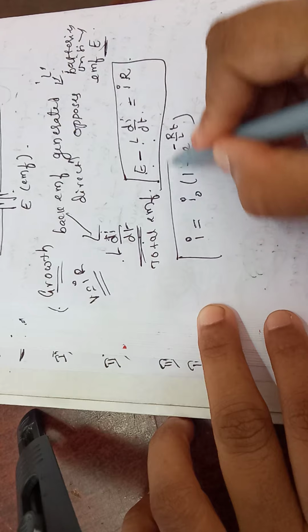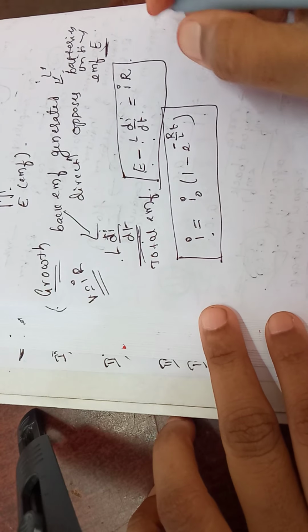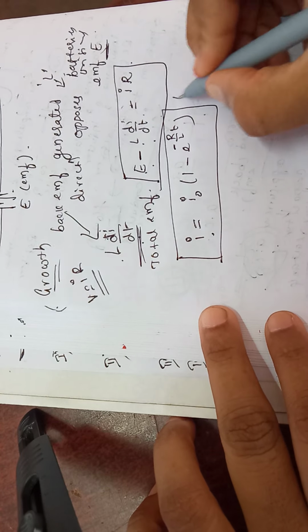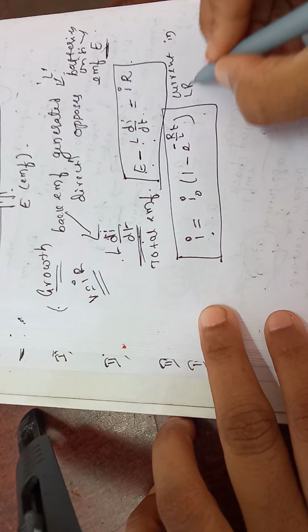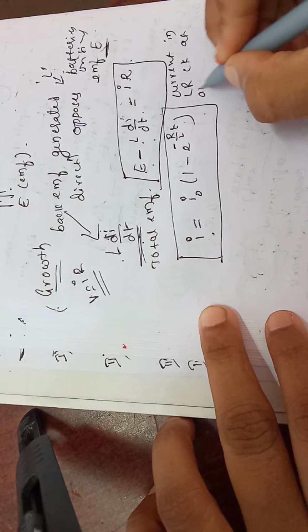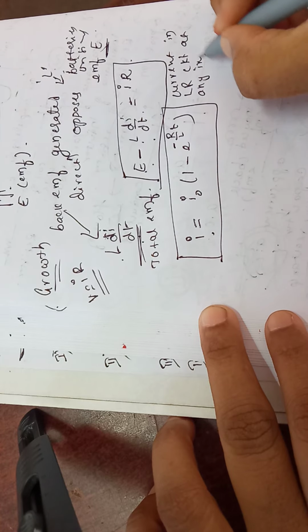This is the current in the LR circuit at any instant t.